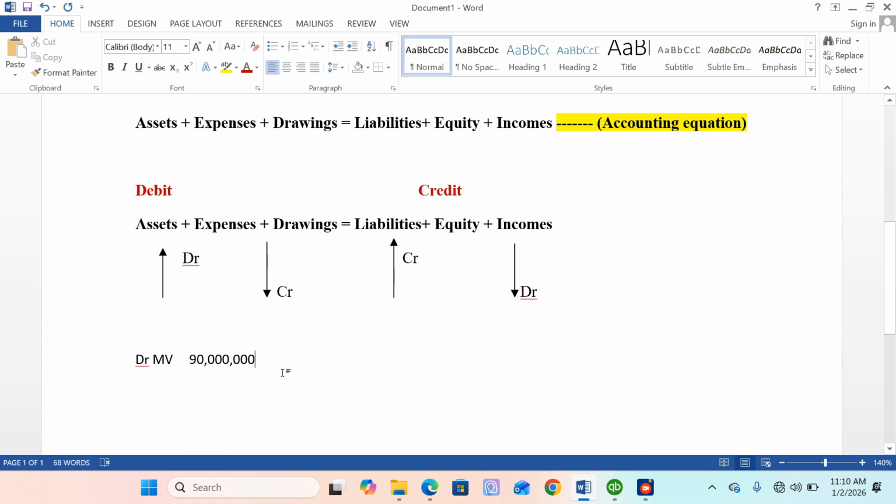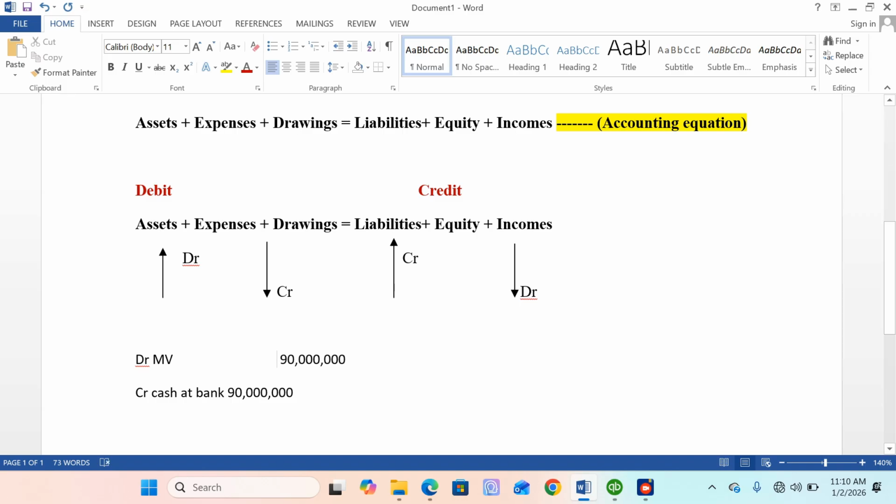But at the same time, cash reduced because we picked the cash in the bank and used it to buy the motor vehicles. So as motor vehicles were increasing, cash was reducing. So we credit cash at bank with 90 million. So 90 million in the bank is reduced, as it went to buy the motor vehicle.